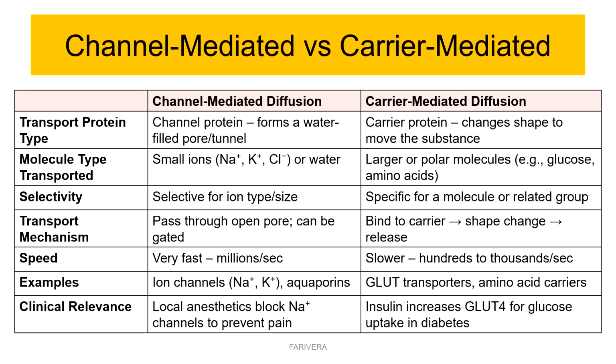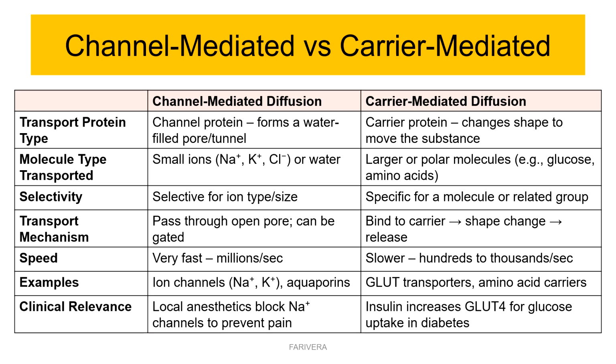This particular slide or table summarizes the major differences. Channel proteins form pathways through the membrane and commonly transport ions such as sodium, potassium, and chloride, or water through aquaporins.